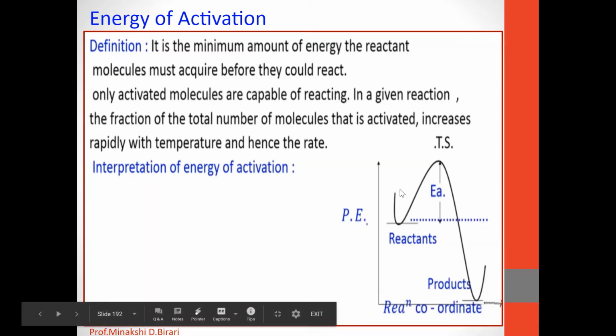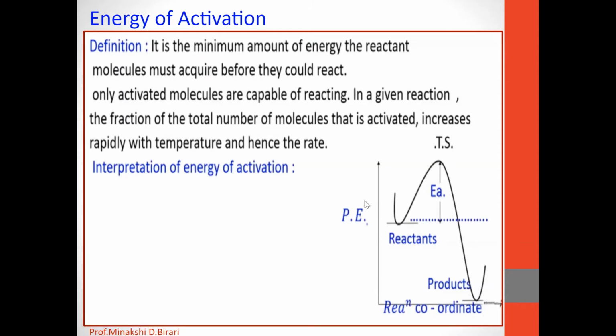At a given temperature, according to the Maxwell-Boltzmann distribution law, a definite number of molecules, called activated molecules, of the total molecules in the reaction mixture possess energy equal to or greater than the energy of activation. The fraction of the total number of molecules that is activated increases rapidly with temperature and hence the rate also increases. So here is the interpretation of energy of activation.